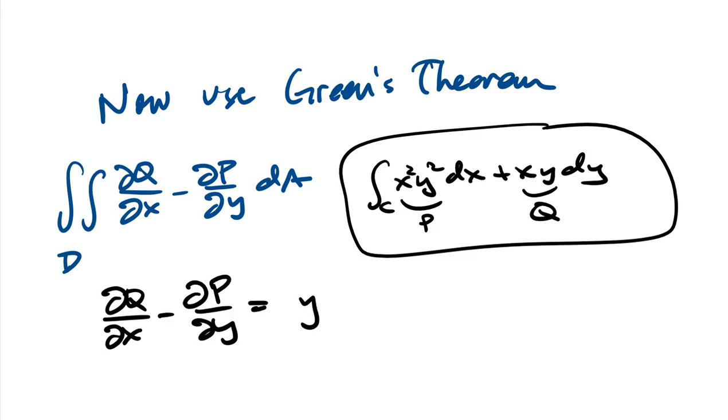Q with respect to x will be y, and minus partial P with respect to y will be 2x squared y. Sorry, I'm screwing this up. Not the squared. Okay, so here we go.